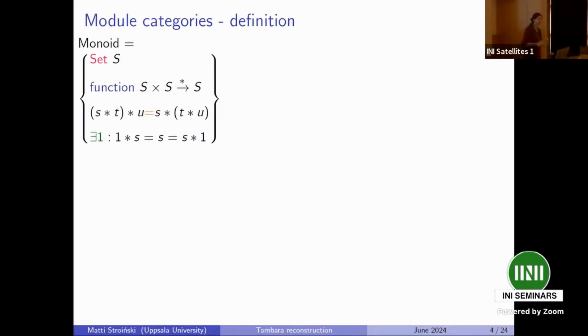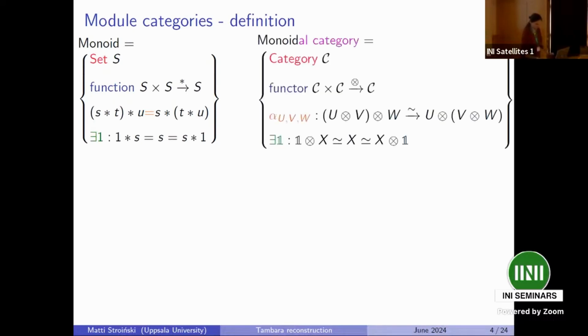Okay. So I want to do something similar, this kind of reconstruction, but instead of monoidal categories, I want module categories. So let me just introduce module categories really fast. Monoidal categories one can view as a categorification of the notion of a monoid.